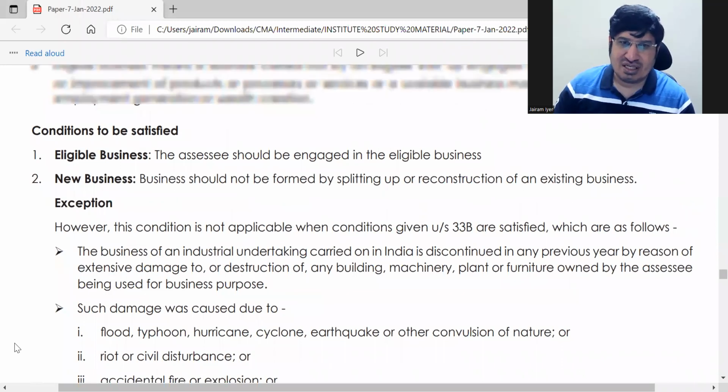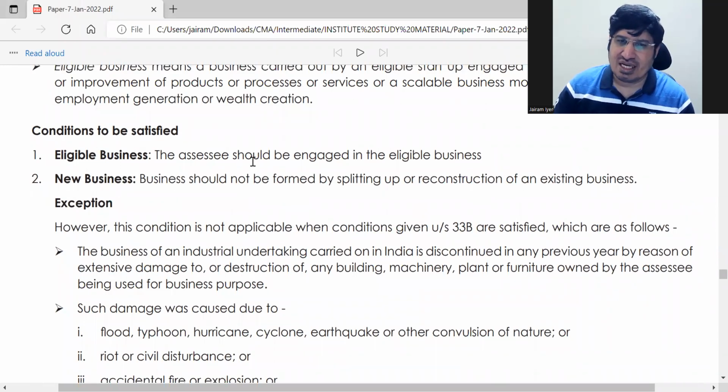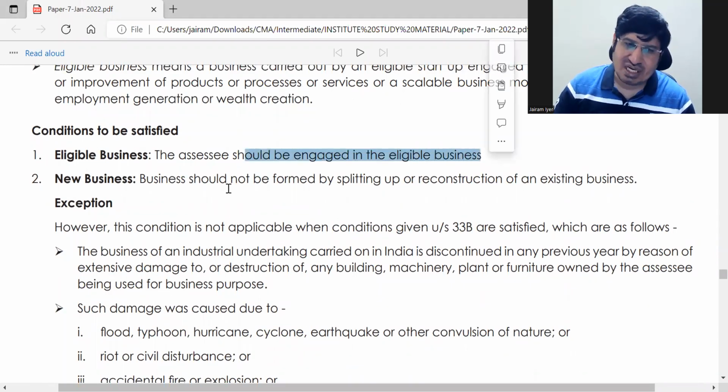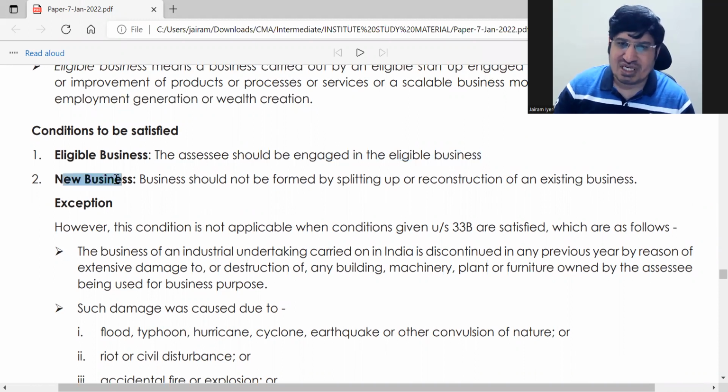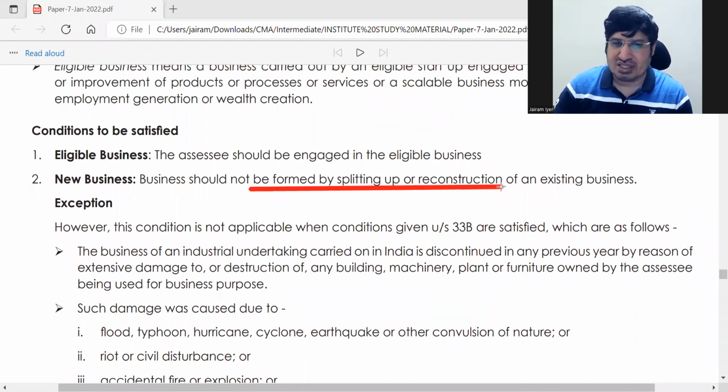So first thing is conditions is SSC should be engaged in eligible business, that we know. Should be a new business, not formed by splitting or reconstruction. ठीक है. Right? So हमने what we had seen in 80IA, not formed by splitting or reconstruction. So new business basically. But new business is not required.